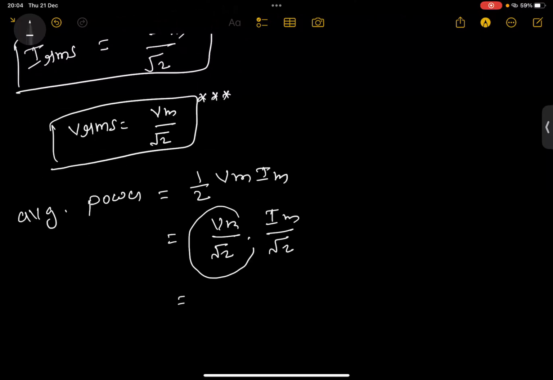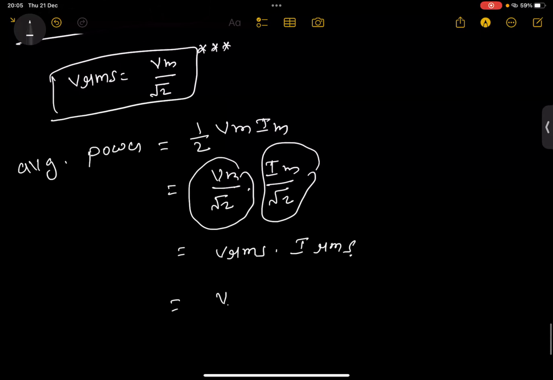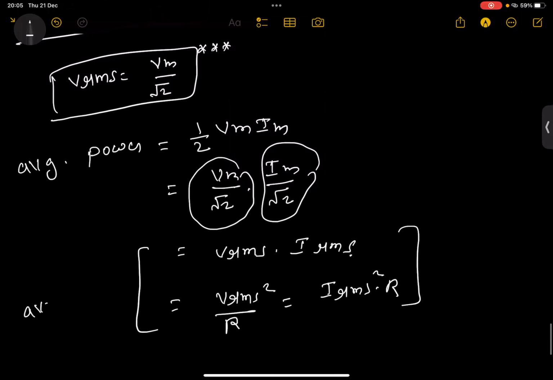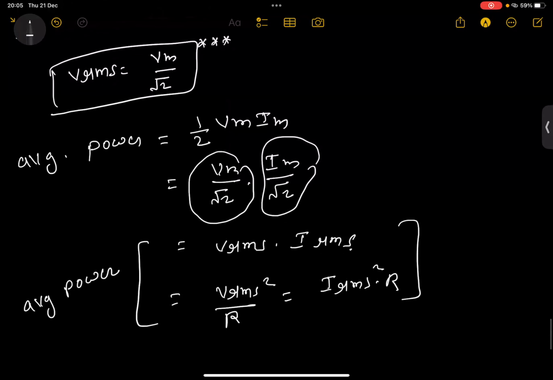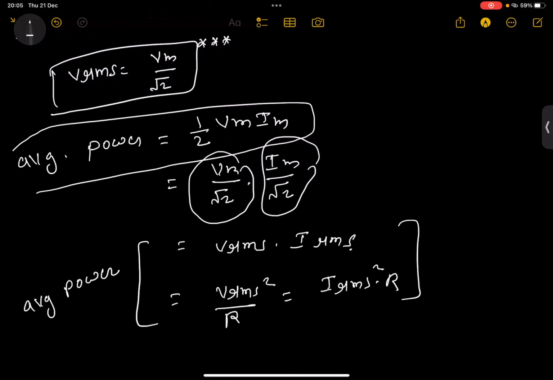So this will become VRMS times IRMS, or you can say VRMS square by R, or IRMS square into R. These three are the average power for a resistance in terms of RMS value, and this one is the average power in terms of maximum value.